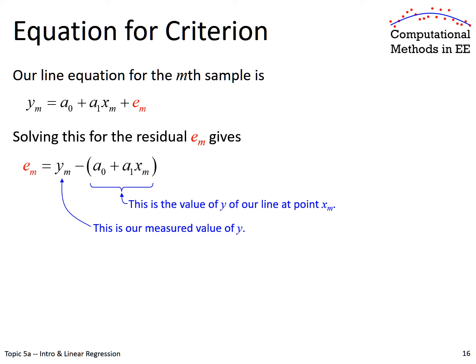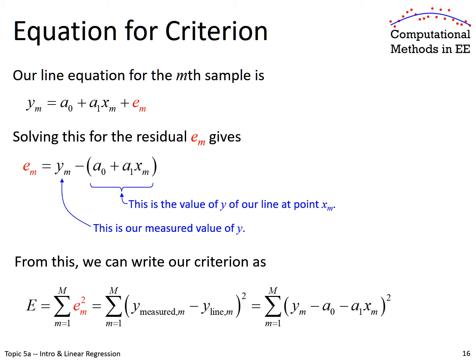Notice a few things. What is inside the parentheses is actually the value of y according to our curve fit. The y value over here is our measured value. And that's really why the difference between these two is this residual term or the error. So it's consistent.